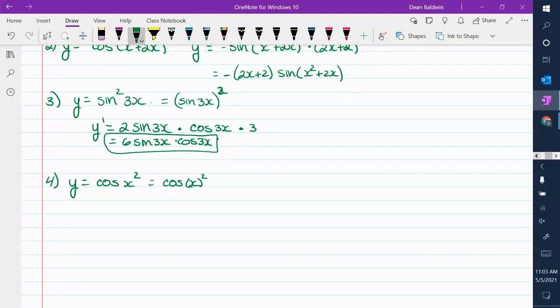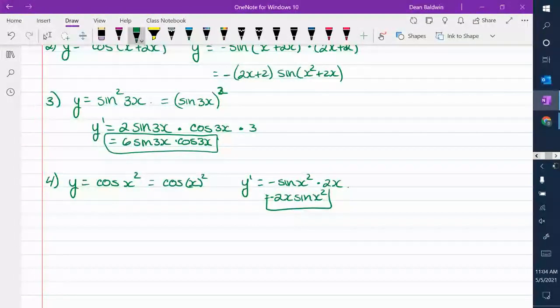Okay? So you start with the derivative of cosine, which is negative sine of x squared times the inside derivative. What's the derivative of x squared? 2x. So you clean that up and just say negative 2x sine of x squared.